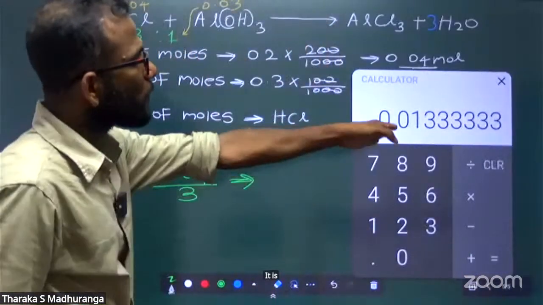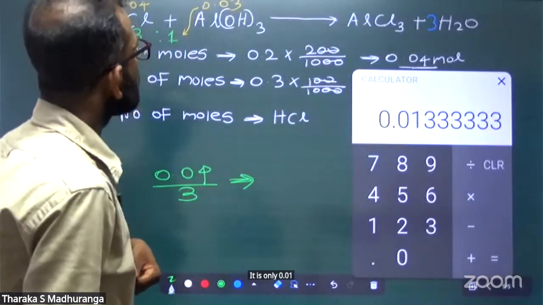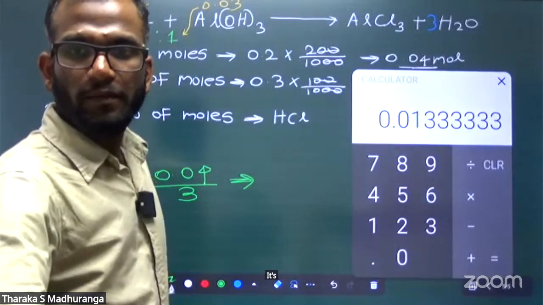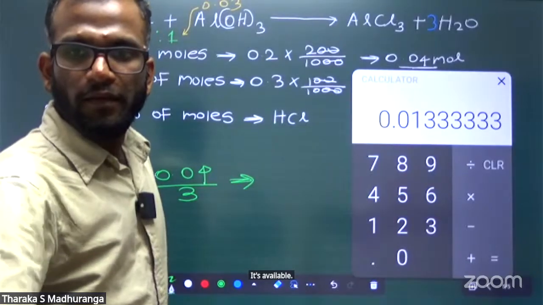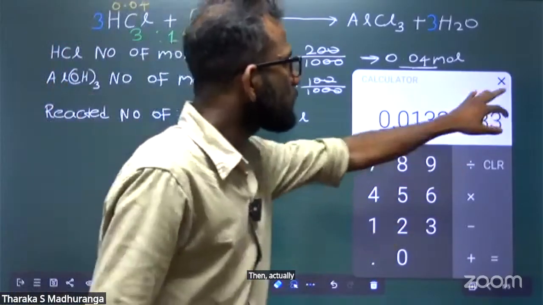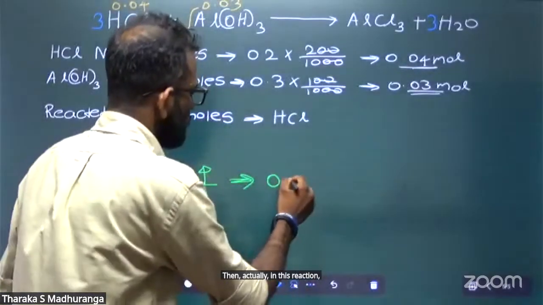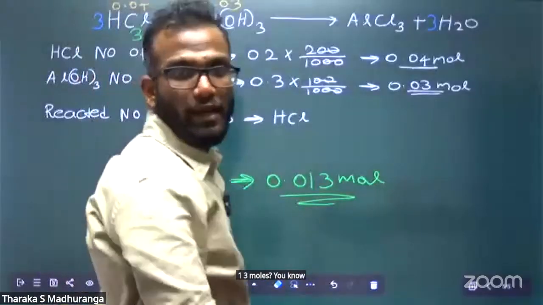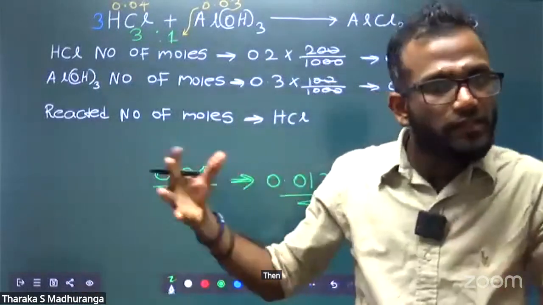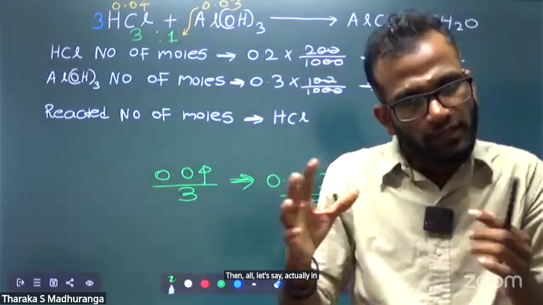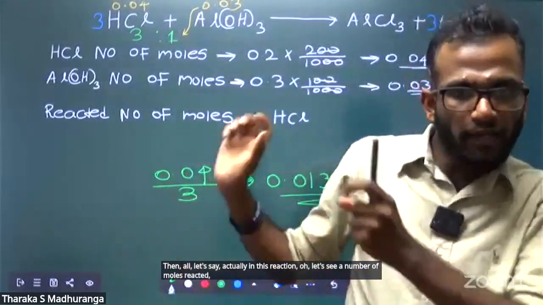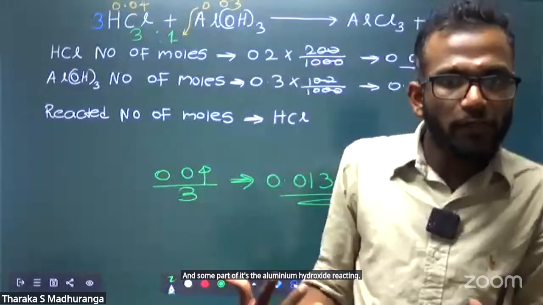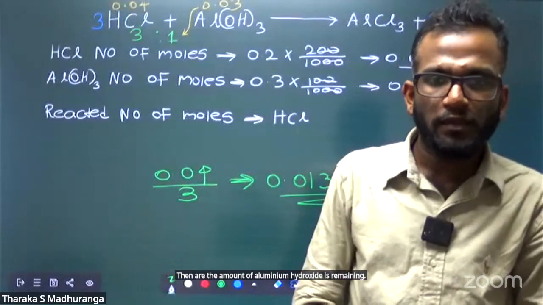It is only 0.013333 value. It is available. Then actually in this reaction, all HCl moles reacted and some part of aluminium hydroxide reacting. Then the other amount of aluminium hydroxide remains without reacting.